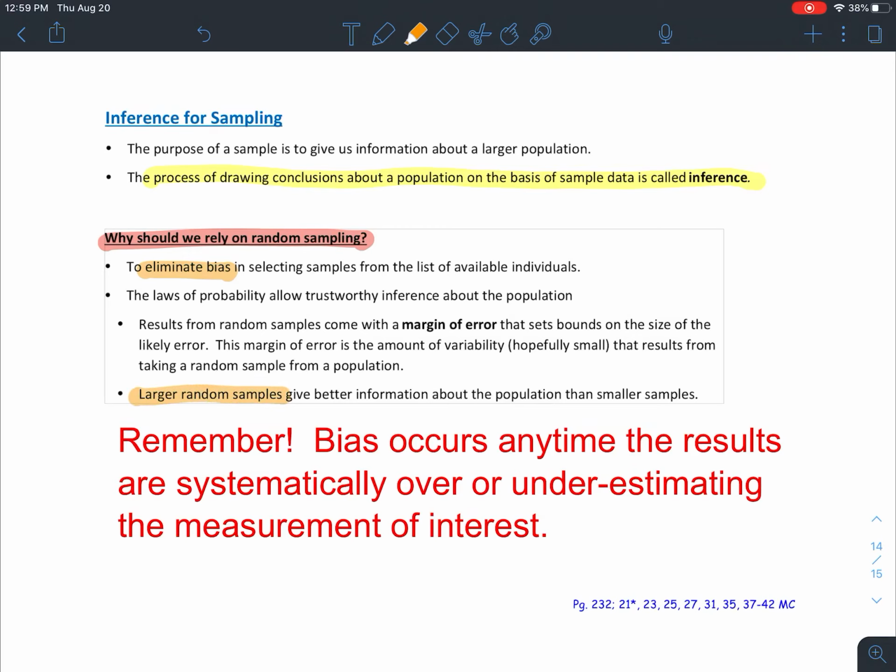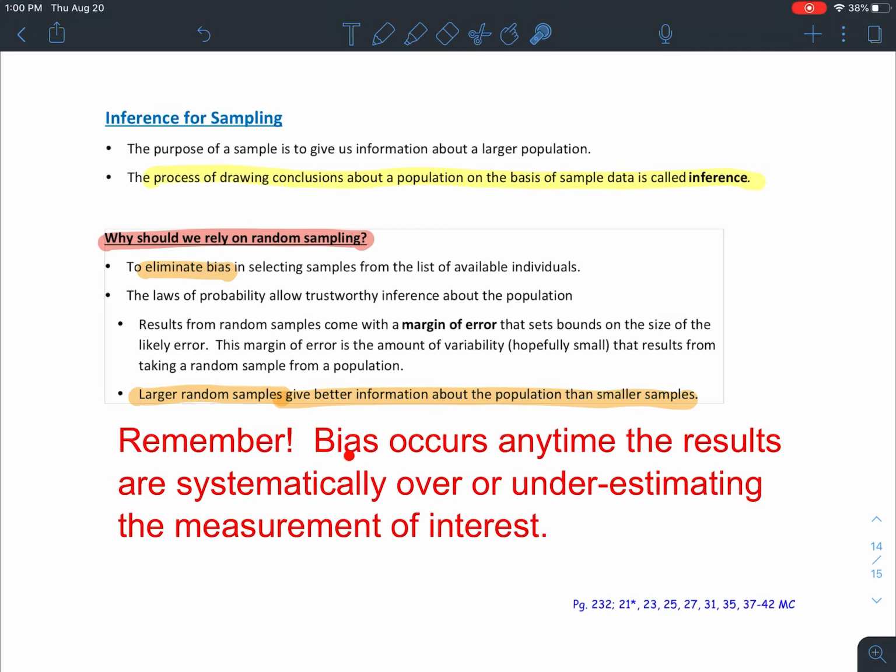And the other thing is, the larger your random samples are, the better information it gives you about the population than a small sample. If your population is thousands and thousands of people, and you only take a sample size of 5, that's really not going to necessarily be representative of the population. So the larger sample size is always better.